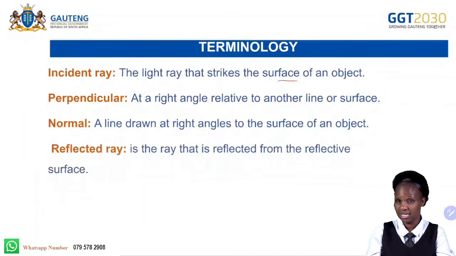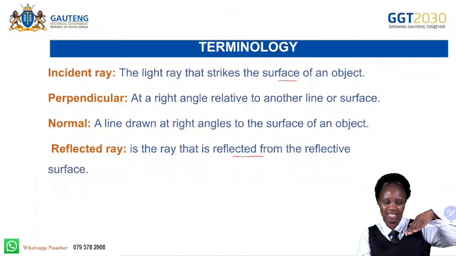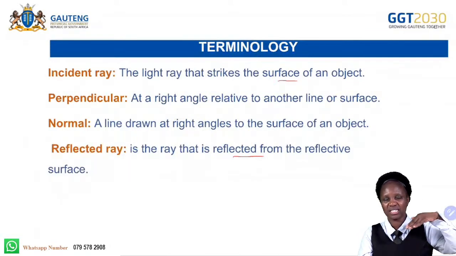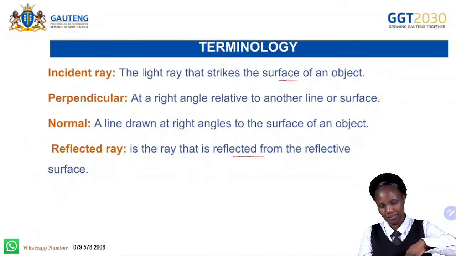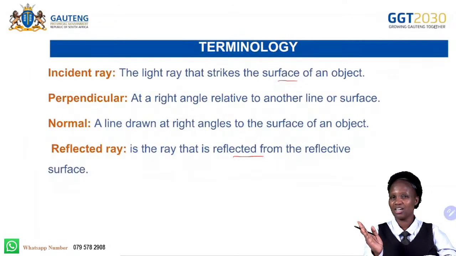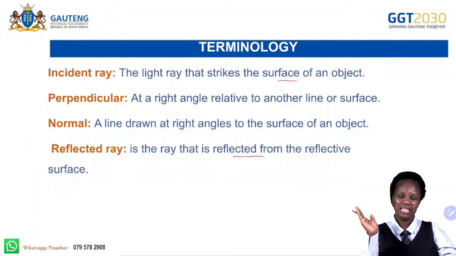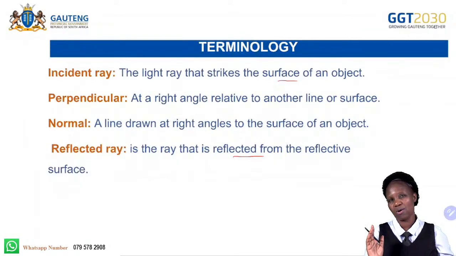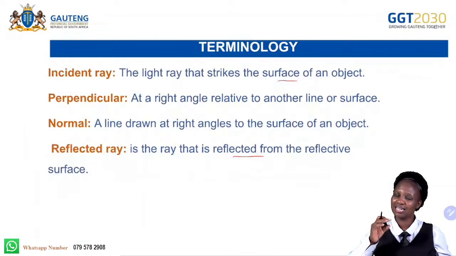Then the reflected ray. This is the ray that is reflected from the reflective surface. All right. The incident ray is the incoming ray. For example, white light comes in, all right, and then it strikes the surface. And then the reflected ray is outgoing. This is the light that gets into our eyes. This is the light that gives us color, all right.